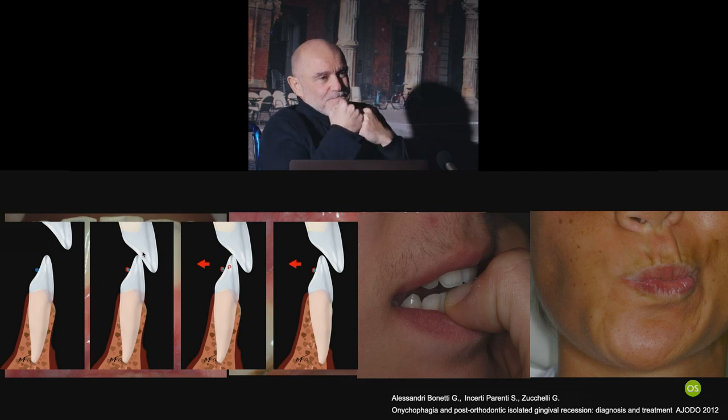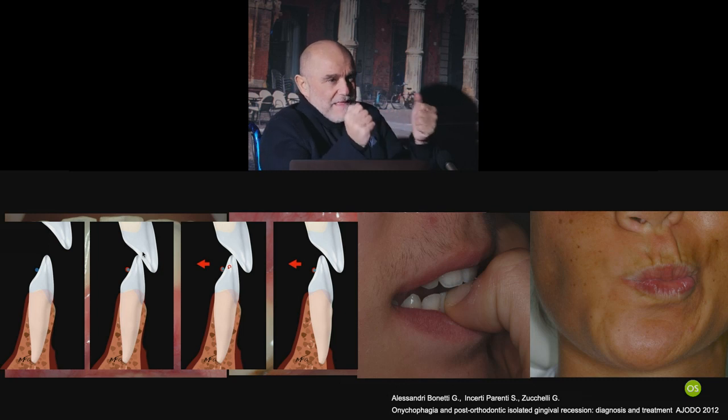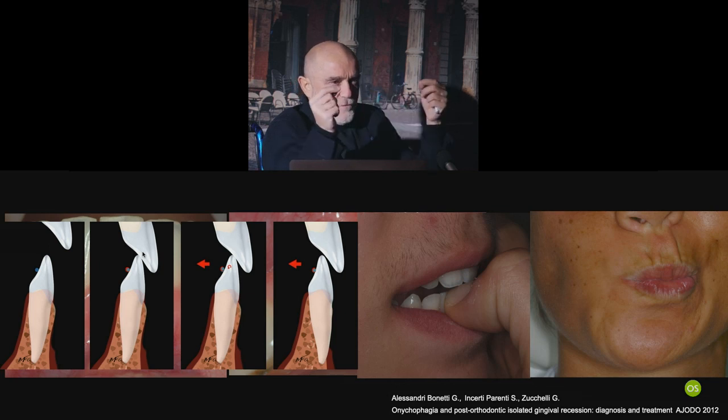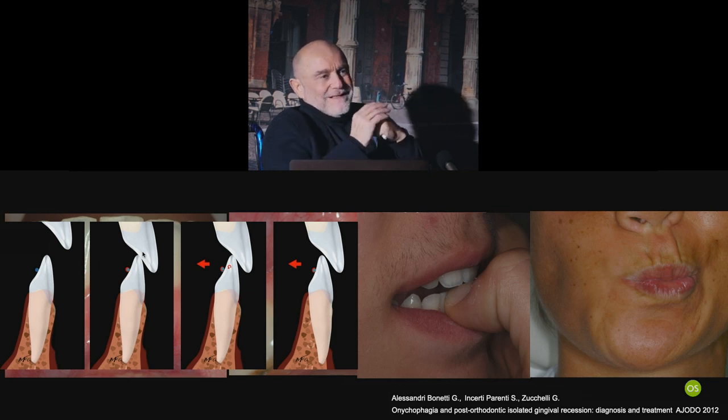But since the orthodontist makes the splint at the end of the orthodontic treatment most of the time without checking if there is a very uniform occlusion among the four incisors, the patient doesn't realize the overloading.